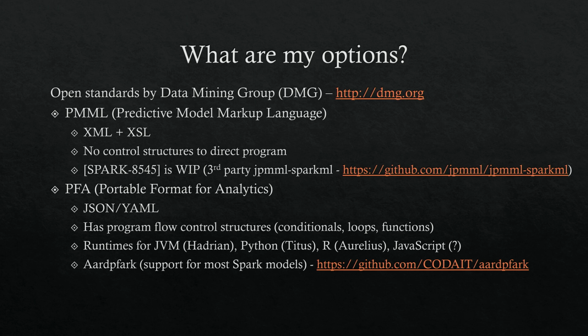First of all, XML and XSL have strong benefits, of course, being typed and everything, but they're really painful to work with. It doesn't have control structures either. So for those forks that I mentioned, where you want to decide whether to pivot or tokenize, you cannot really do that at runtime during scoring.